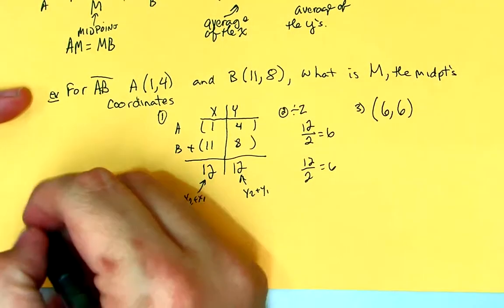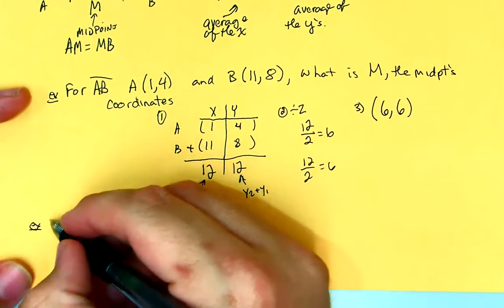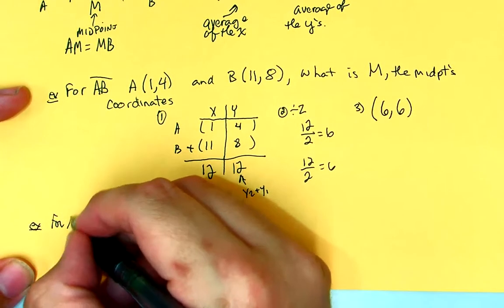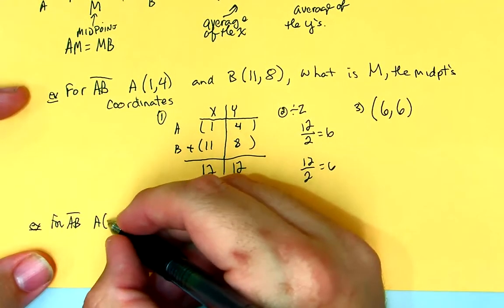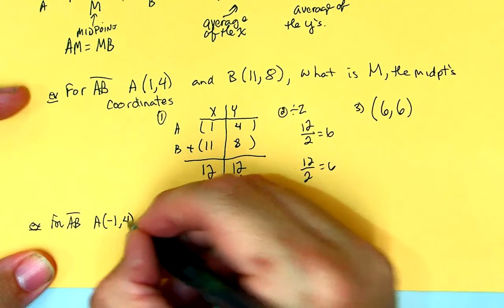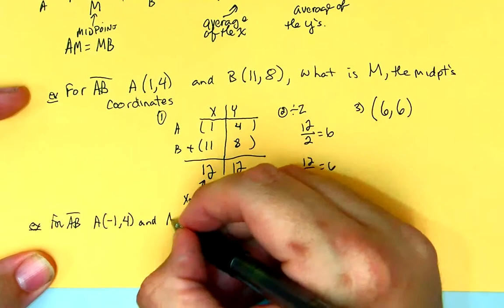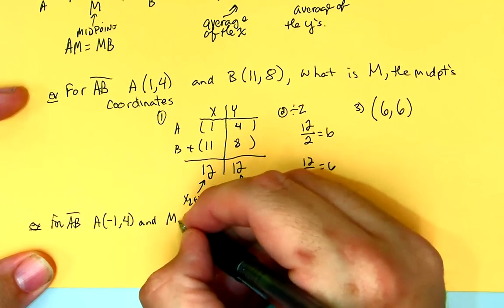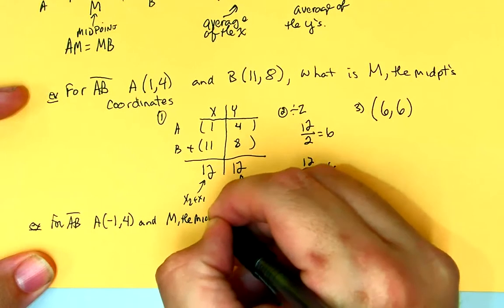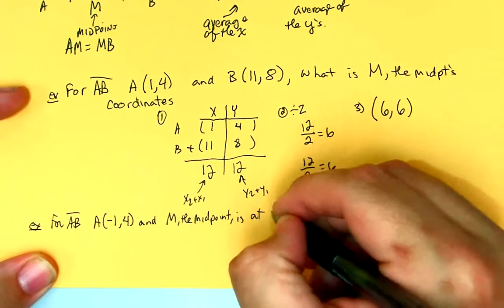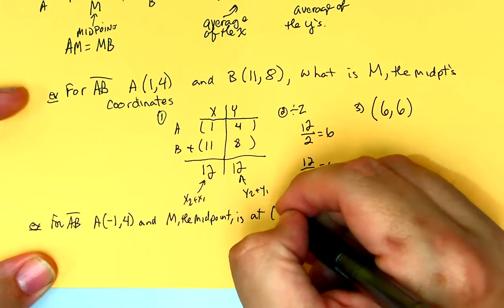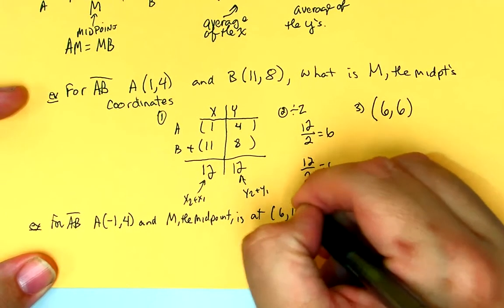Now, another example is if, for segment AB, A is at -1, 4, and M, the midpoint, is at, let's say, 6, 10.